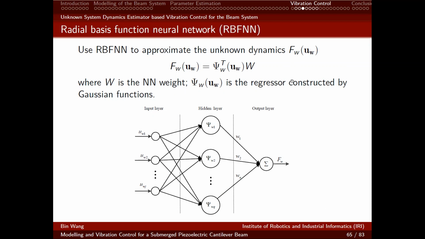In this work, the unknown function is the unknown dynamics FW. So FW can be estimated by using the neural network. Here, W is a neural network weight that can be updated online, and psi W is a regressor constructed by cosine functions.